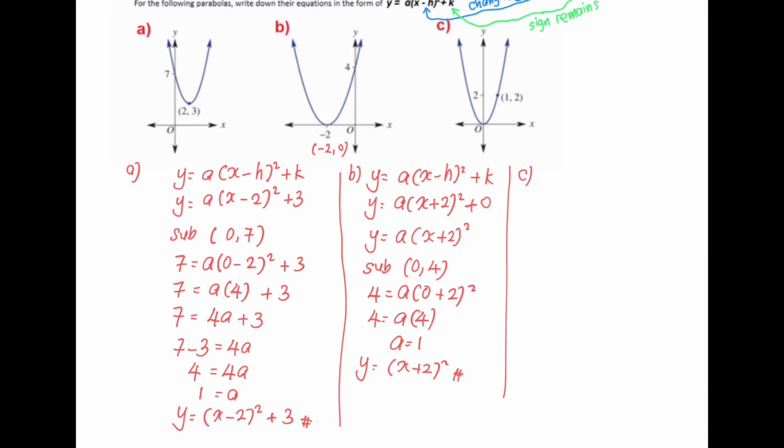Okay, part C, let's take a look. The turning point is here, which is the origin. The origin is the turning point. So the turning point is 0, 0. So now y equal to a(x minus h) squared plus k.